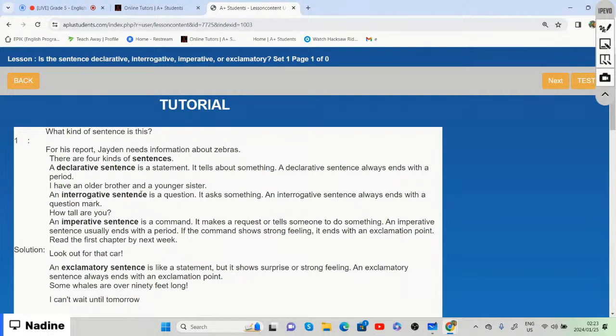An interrogative sentence is a question.